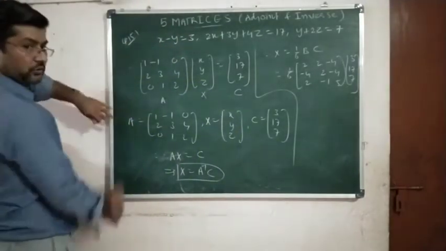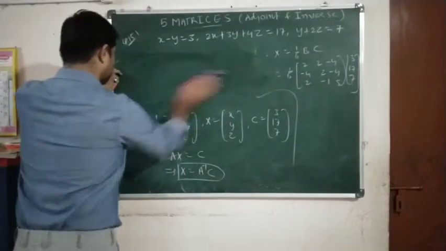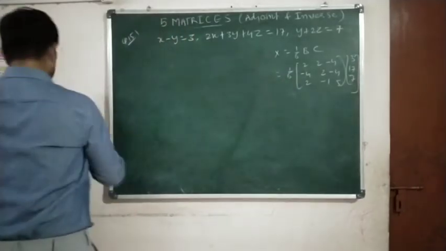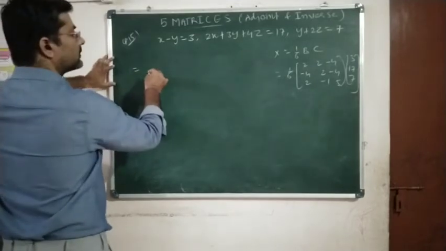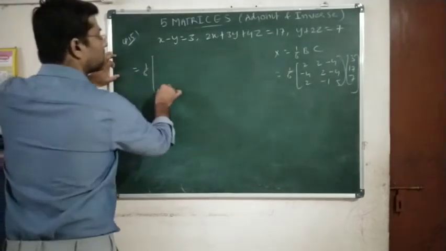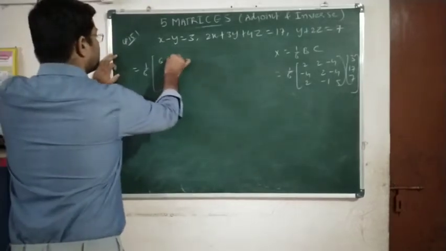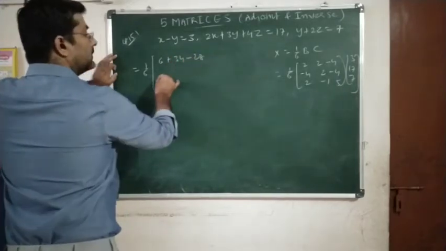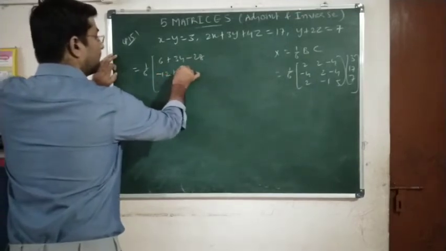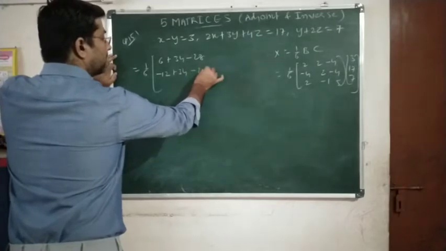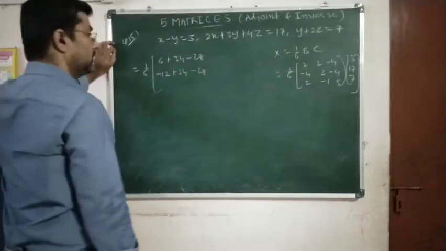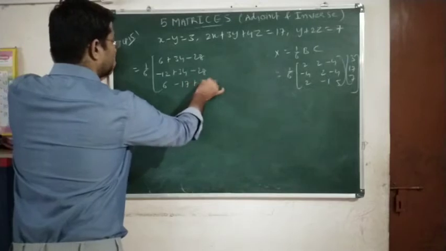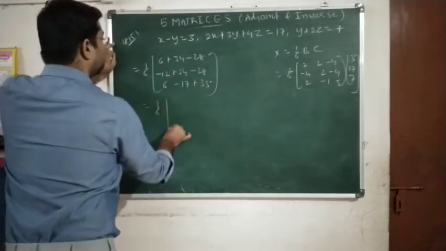Now this multiplication we will show on this side only. 3 2s are 6 plus 34 minus 28, -12 plus 34 minus 28, and 3 2s are 6 minus 17 plus 35.